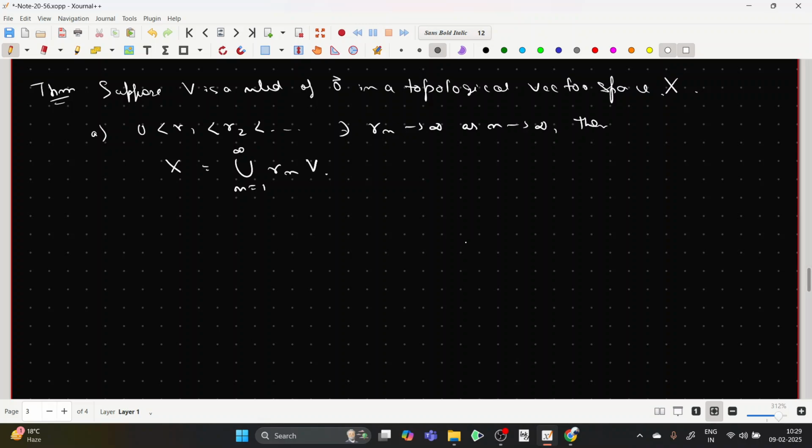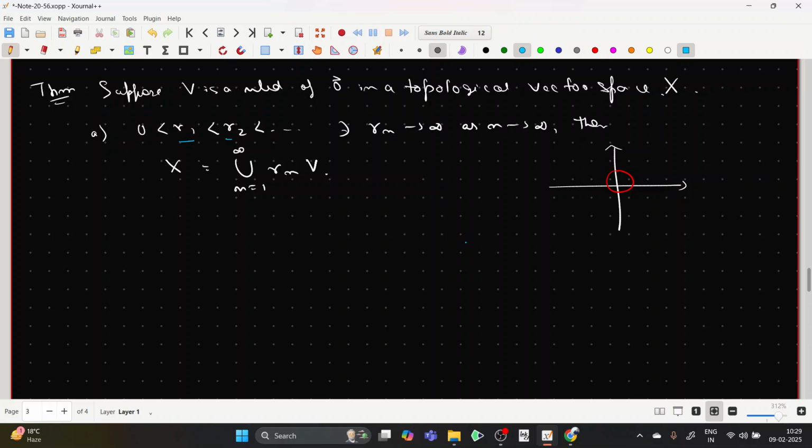Okay. So what does it geometrically mean? If I talk about its geometrical sense, suppose V is a neighborhood around origin, and I have a sequence of, you can think of these as radii. Sorry, the plural of radius is radii, I am extremely sorry for my grammatical mistake.